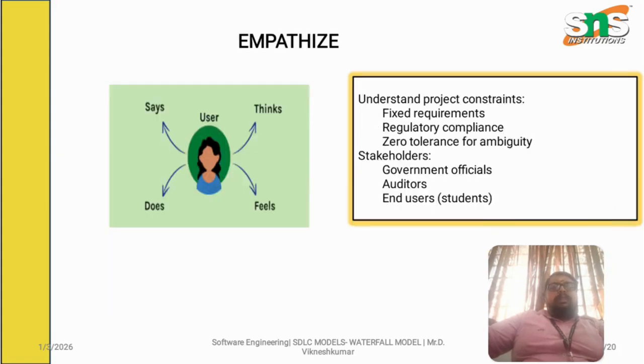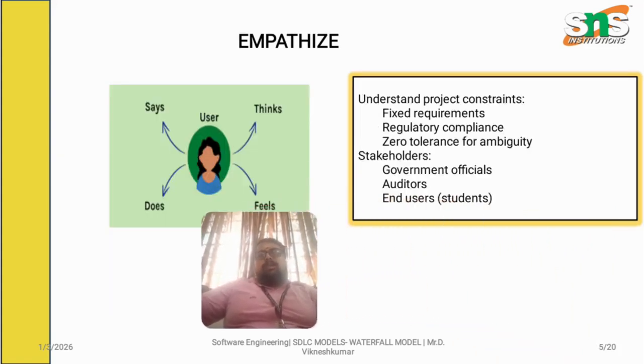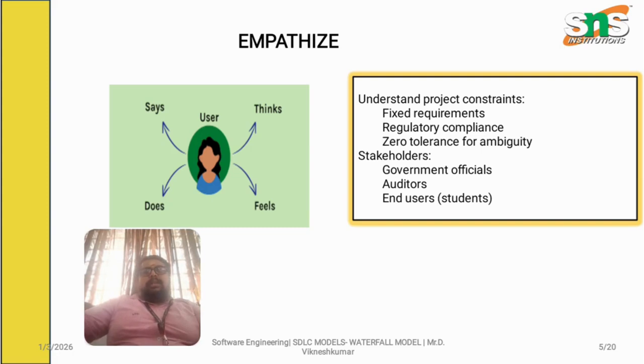Next, we have the term empathize. Here we understand the project constraints. First, we have fixed requirements, regulatory compliances, and zero tolerance for ambiguity. Next, the stakeholders of this project are government officials, auditors, and end users, who are the students.